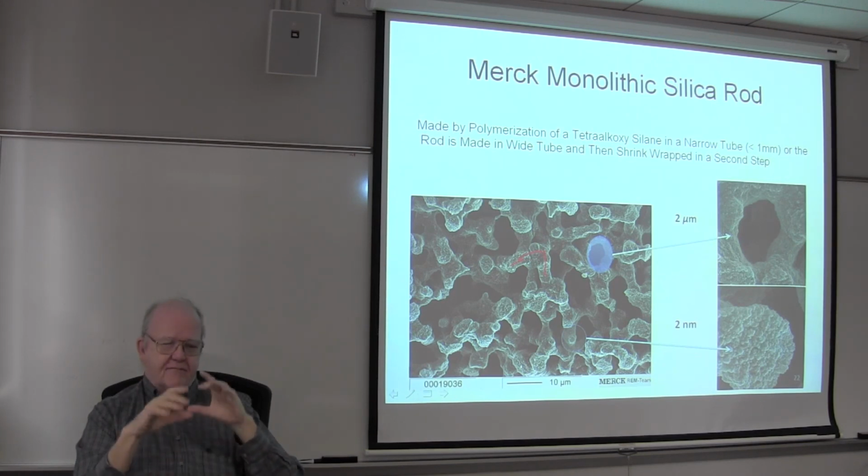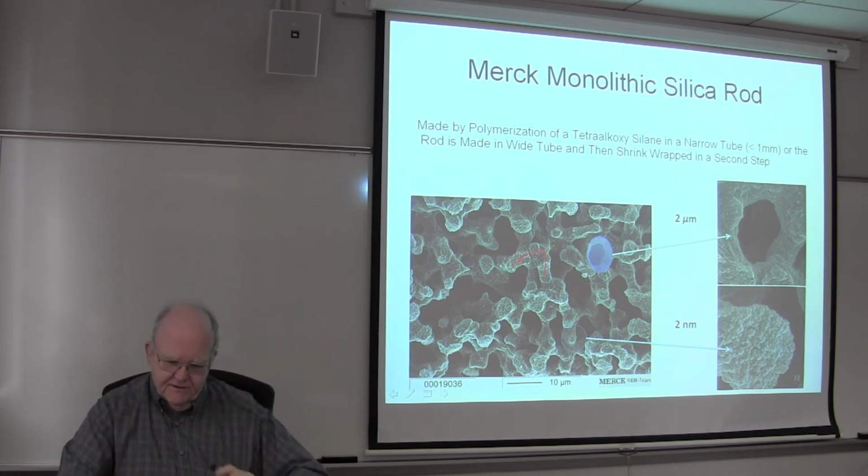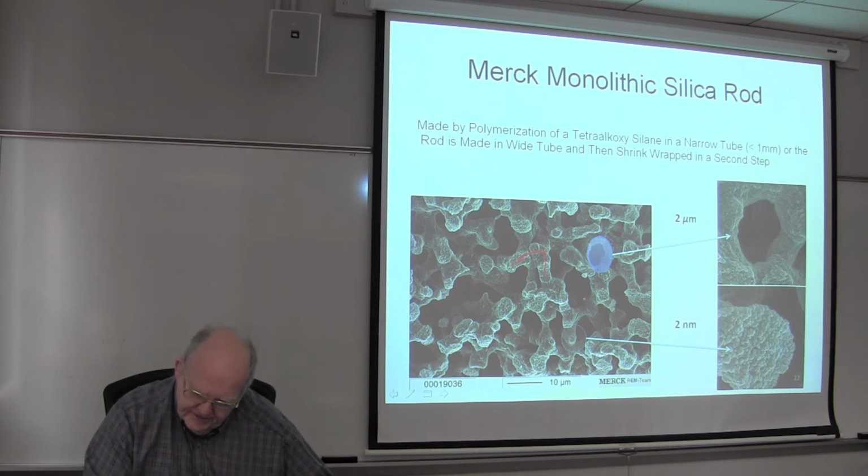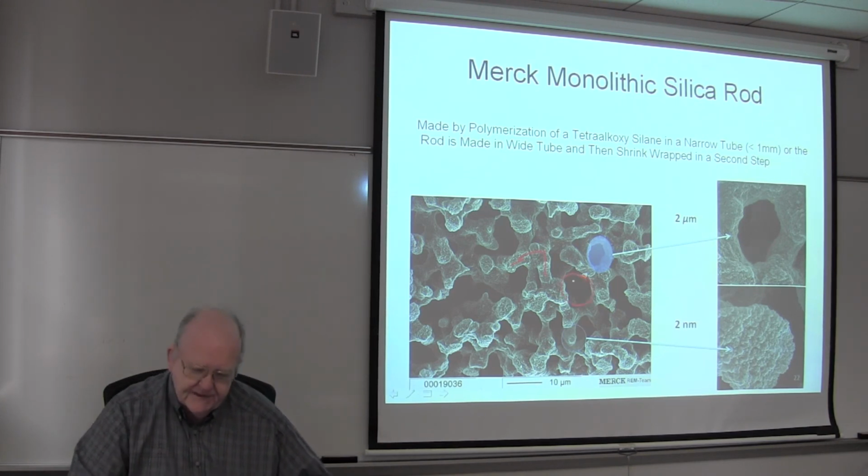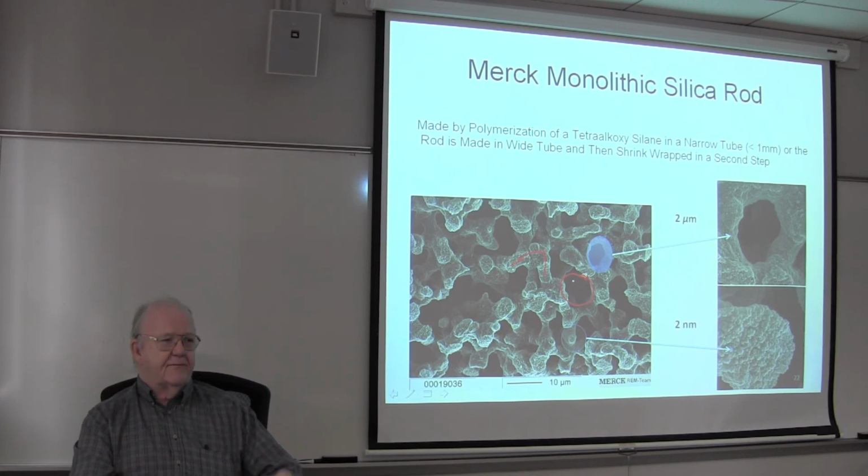And these have bigger spaces between the particles, between the pores. You know, these holes are gigantic compared to the space in a packed bed. So these don't tend to plug up as much. On the other hand, if you're doing things right, you should have a guard column in there. And the guard column is what should plug up, and you throw it away, and you keep your analytical column. So it's not that big of an advantage.